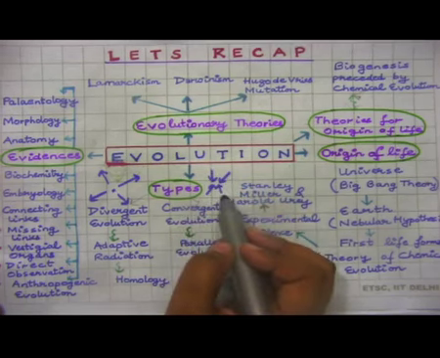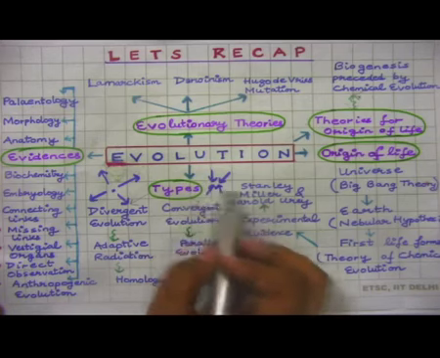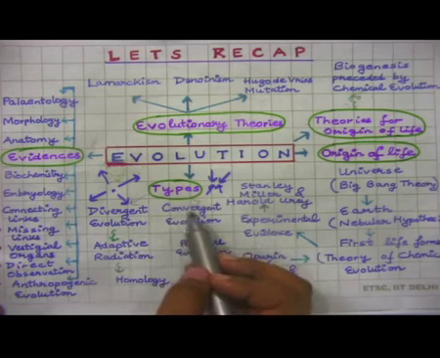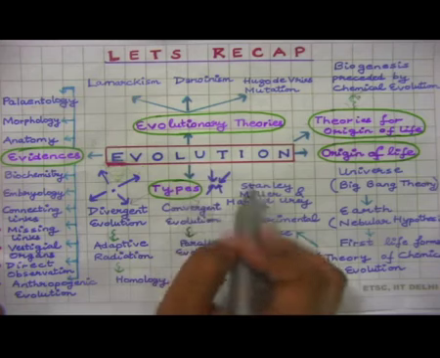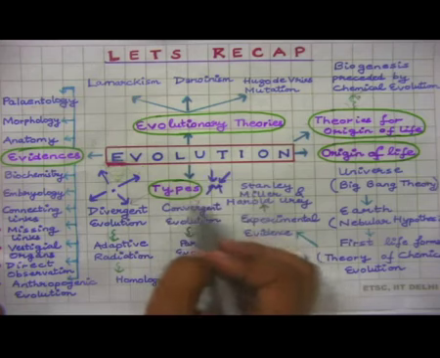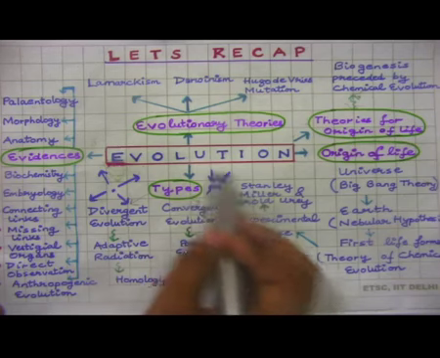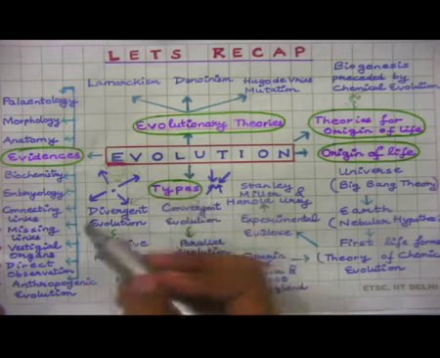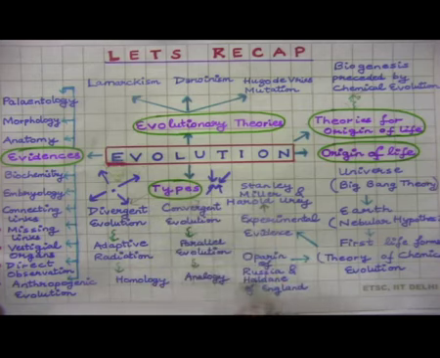That means unrelated organisms may be unified by a particular environment which requires similar kind of adaptation. So, when organisms which are not related to each other come to a place and have to adapt to the environmental condition, this type of evolution which occurs over a period of time is known as convergent evolution.